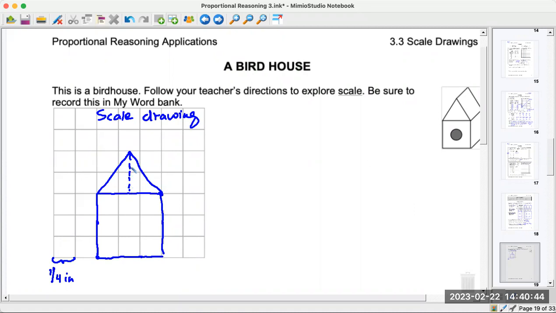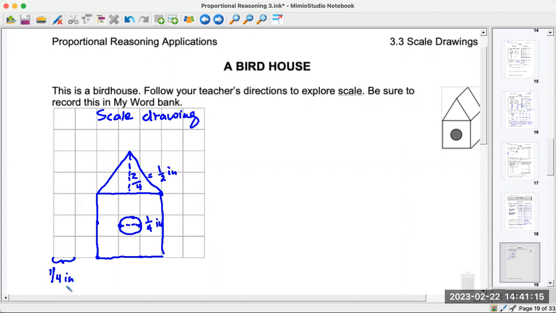I know this is 2 squares means 2/4 inches. So I'm going to write that here. 2/4 inches is the same as 1/2 when you reduce it. The diameter of the little hole that we cut, where the bird flies in and out, is also 1/4 inch, because it goes from one side of the square to the other side.